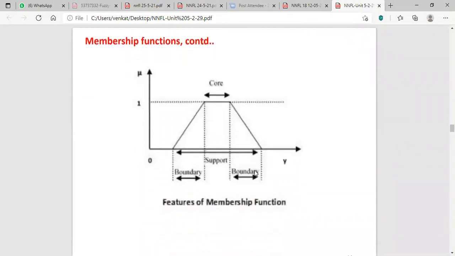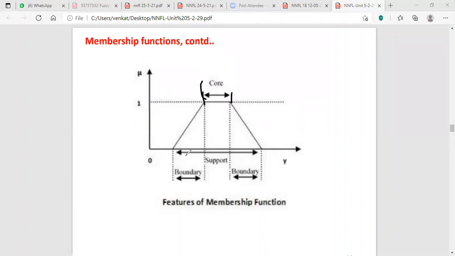So here you can see in the graph, the core part is when mu A is equal to 1. This part, the membership function is 1, that is indicating your core part.